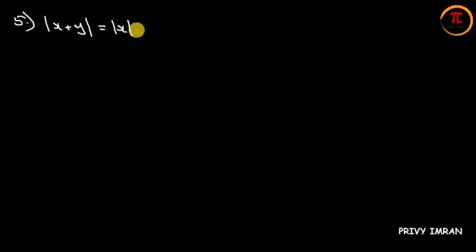Now point number 5. Here point number 5 is modulus of x plus y. This modulus of x plus y will be equal to mod x plus mod y. This condition will satisfy in two cases. Case 1 and again case 2.